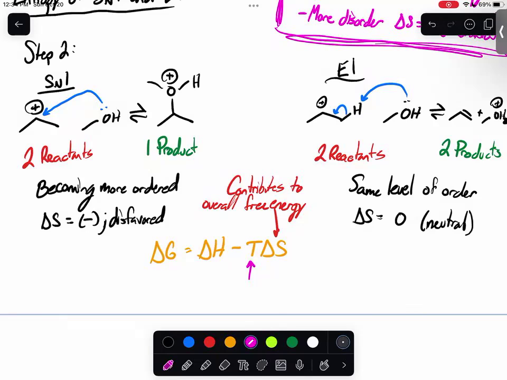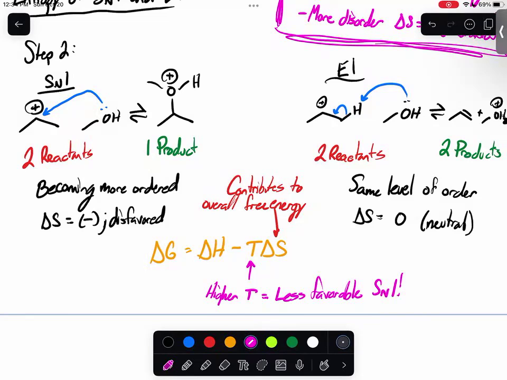All right, so higher T equals less favorable SN1. That's very important to keep in mind. That essentially says that higher temperatures will favor E1 due to the delta G.